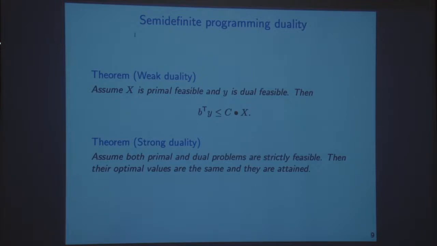And then we have this business of strong duality. Okay, so for strong duality, this is interesting because this is a key distinction between linear and semi-definite programming. In linear programming, we essentially always have strong duality, except in some pathological cases when maybe the primal problem is unbounded or infeasible.